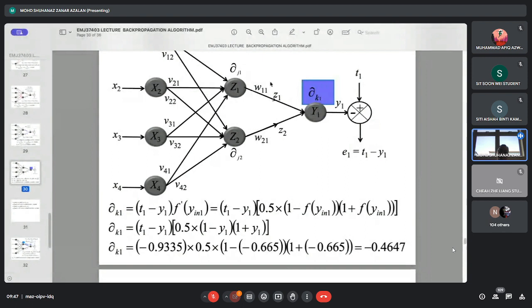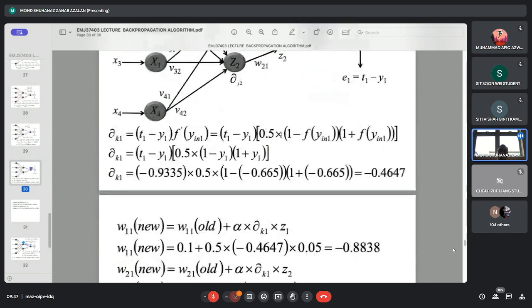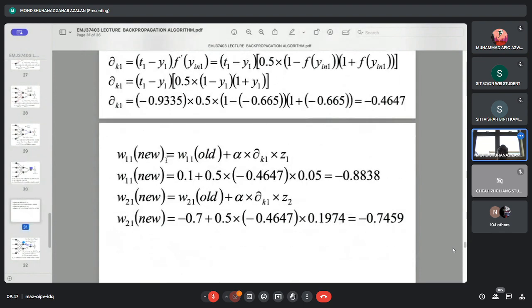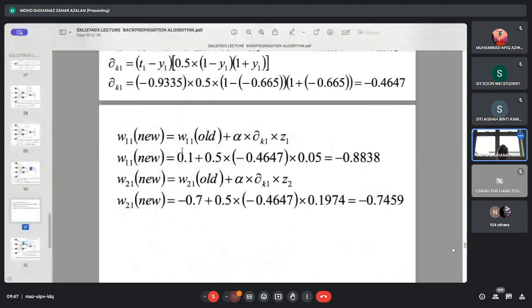So first we want to update the weightage of W11 and W21. We need to calculate delta K1, given as this formula. Then we got the value of delta K1 as minus 0.4647. Using this value, we update the weightage.